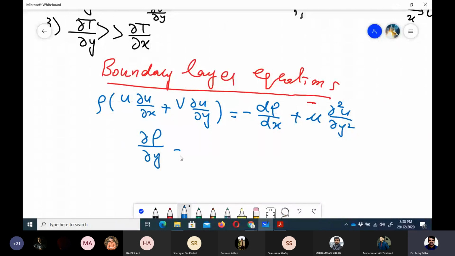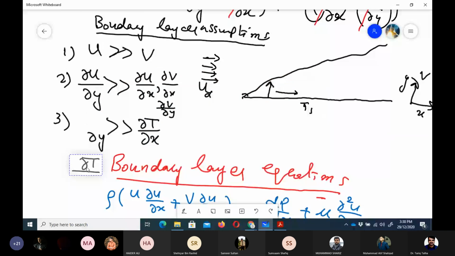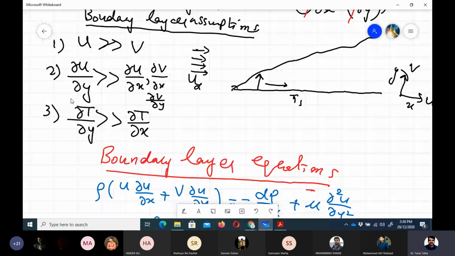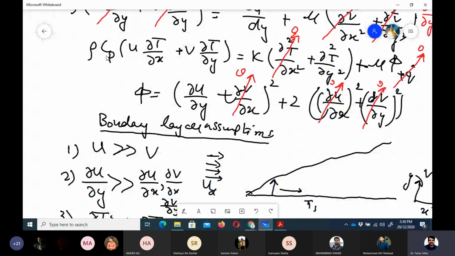That was the v momentum equation, and now the last bit is the temperature equation. If rho Cp divides the whole equation, k upon rho Cp is equal to alpha, the thermal diffusivity, and when mu is divided by rho, that is nu, the kinematic viscosity.